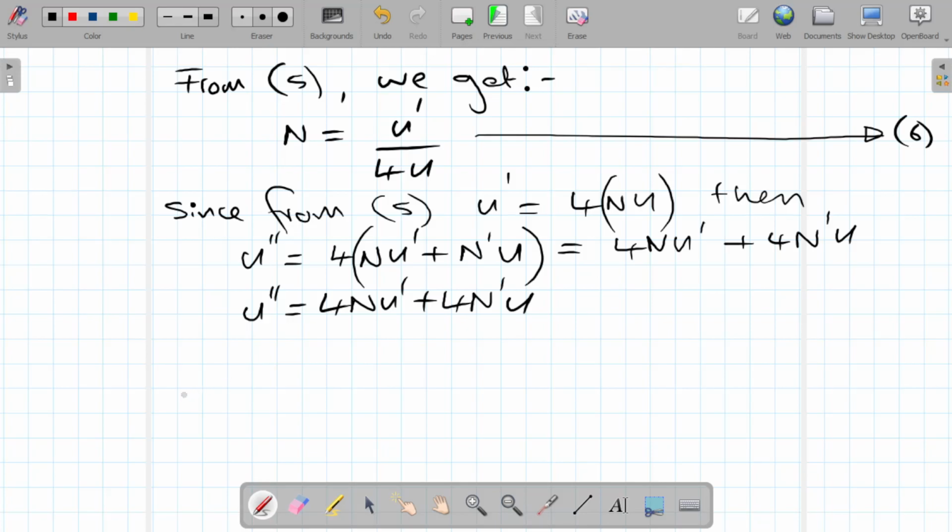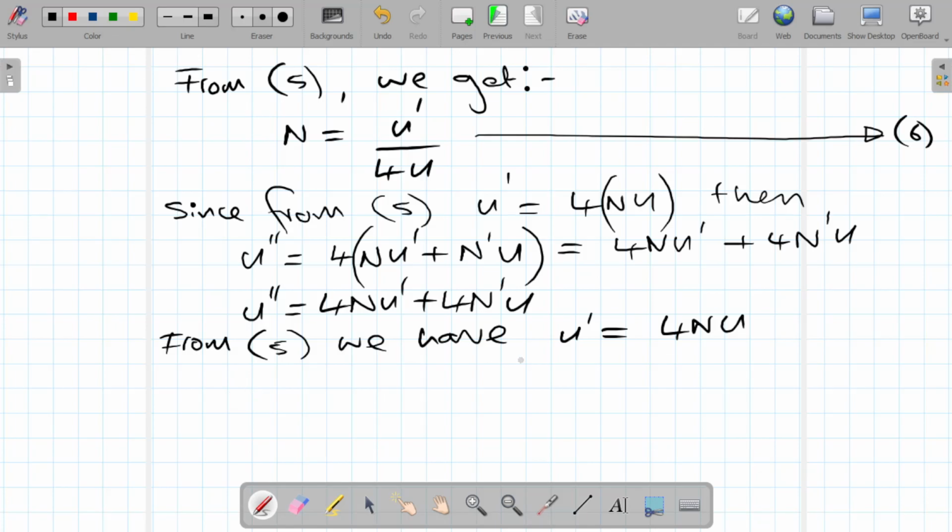So what we find is that, if I can read my notes properly, from equation 5 once more, we have u prime equal to 4nu.